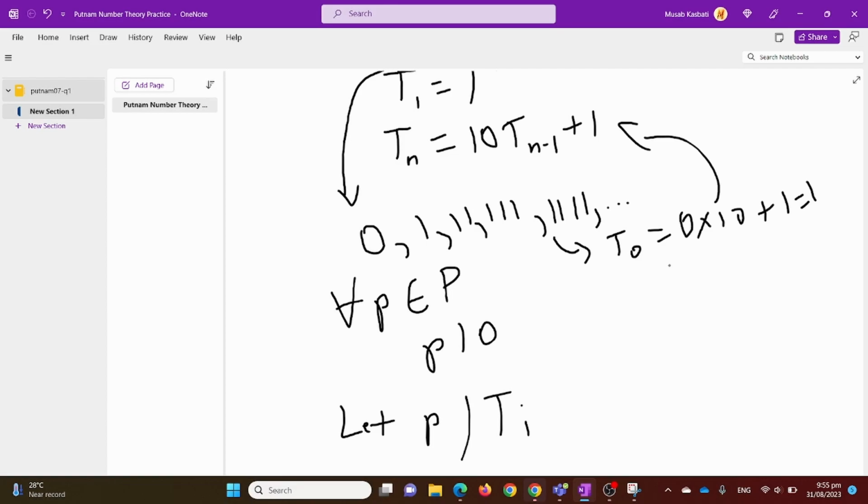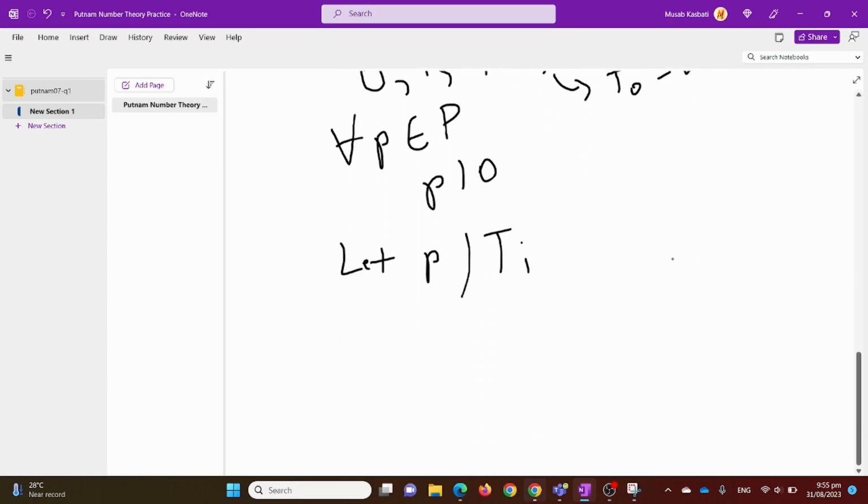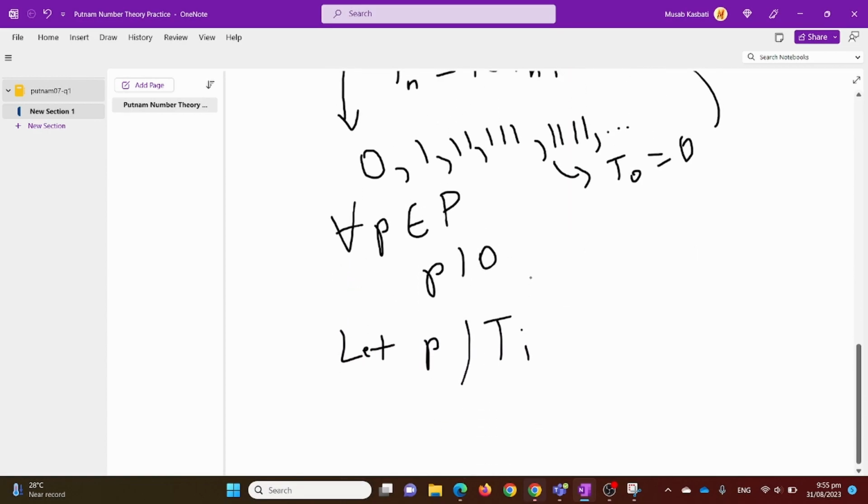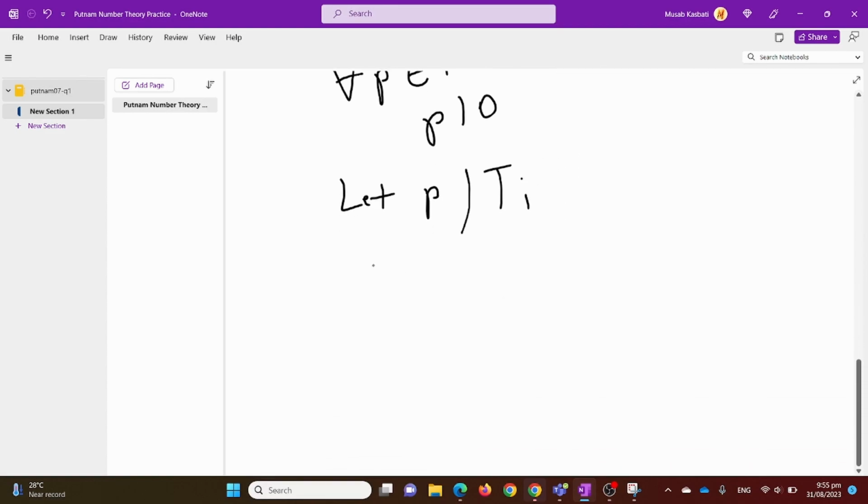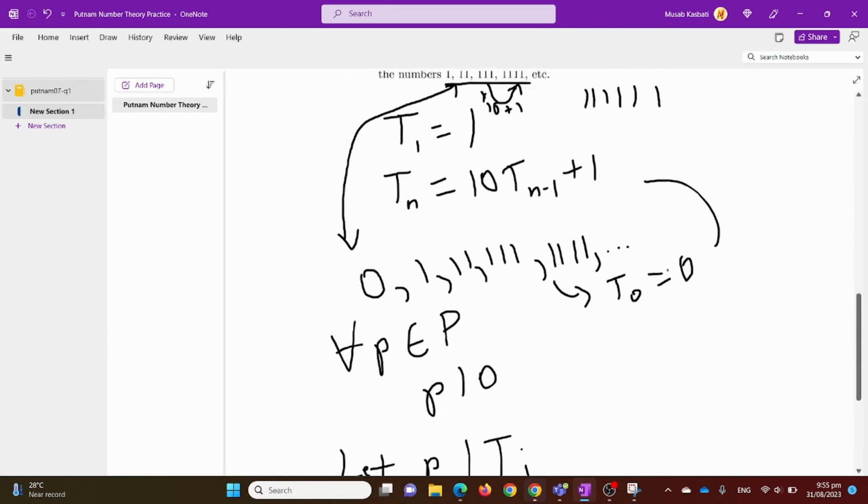So this still gives me the same t1, so there's no problem there.